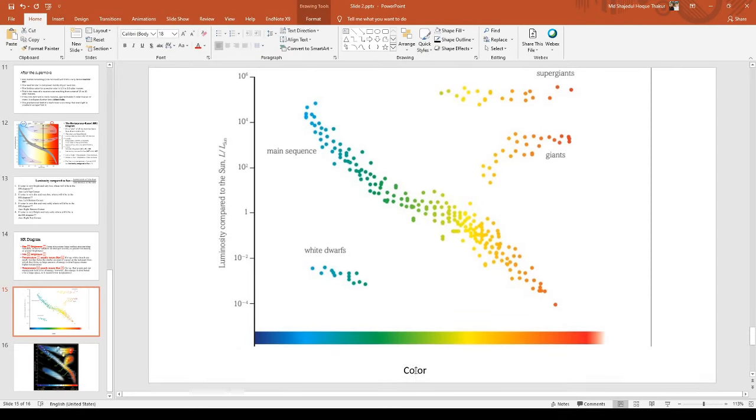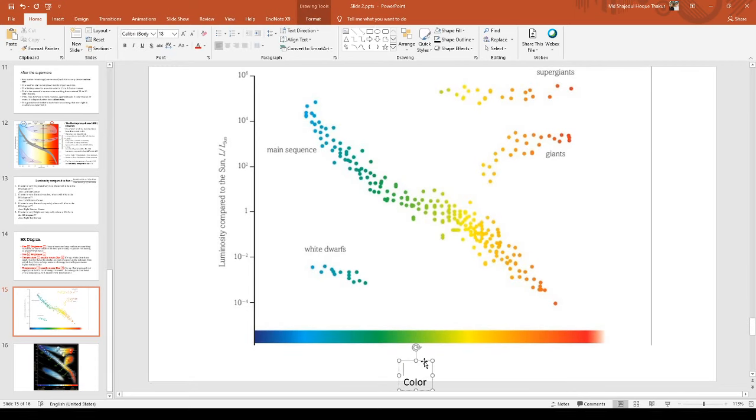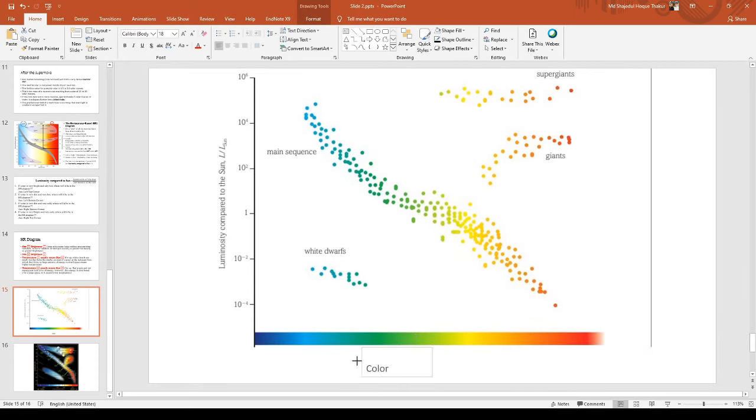Let me just show you this. The label may even be like this: blue, white, green, yellow, orange, red.